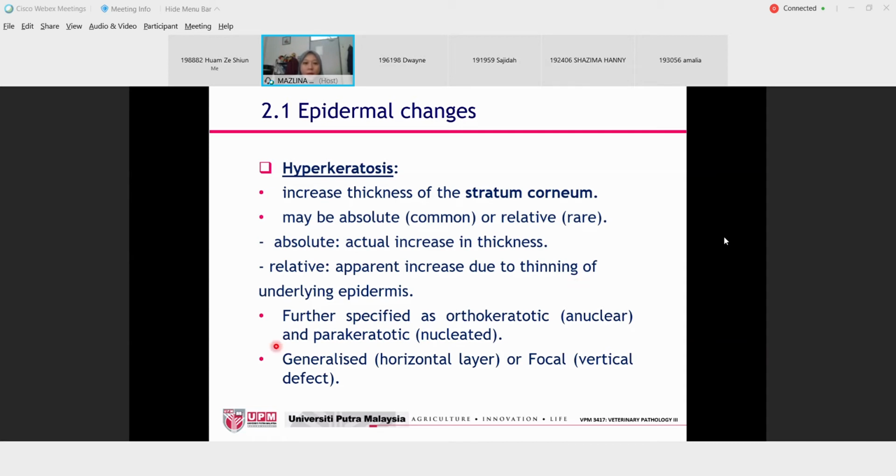Then this hyperkeratosis can occur either generalized, meaning you see similar thickening throughout the whole length of the tissue specimen, the whole layer of the epidermis. It can also be focal, meaning you can only see it at one spot or one localized area in the section of the skin. So this is called the vertical thickening or hyperkeratosis.